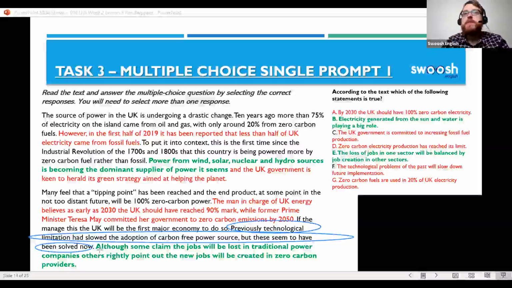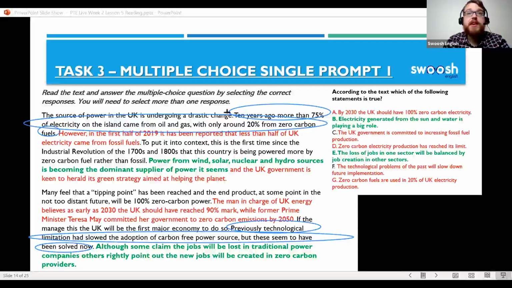And finally, G. Zero carbon fuels are used in 20% of UK electricity production. Now, is there a figure here which talks about it? Well, no, because it refers to 10 years ago, more than 75% of electricity in the island came from oil and gas, while only 20% from zero carbon fuels.